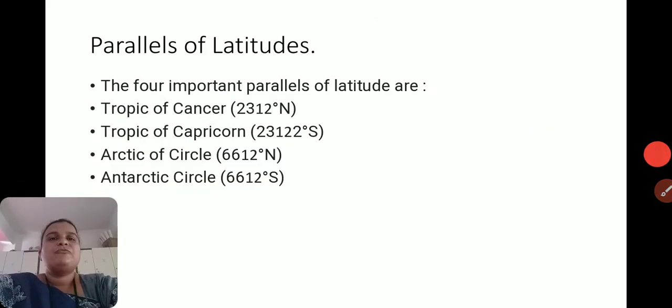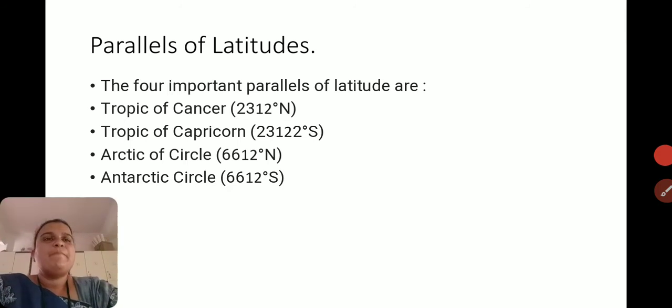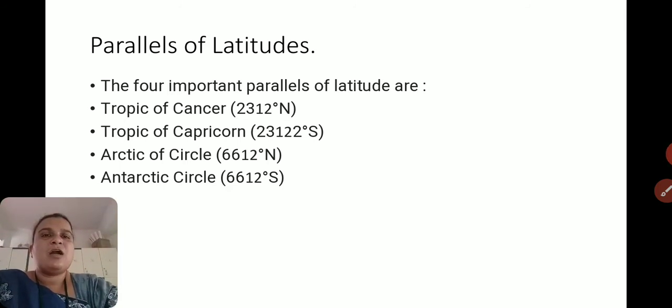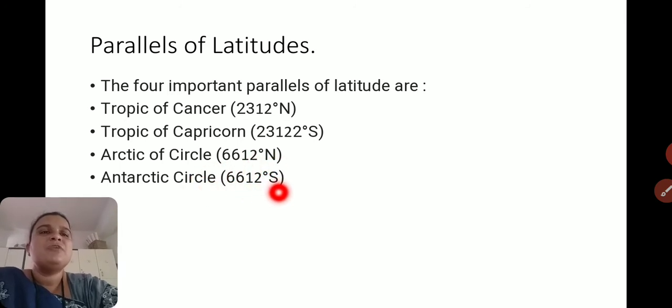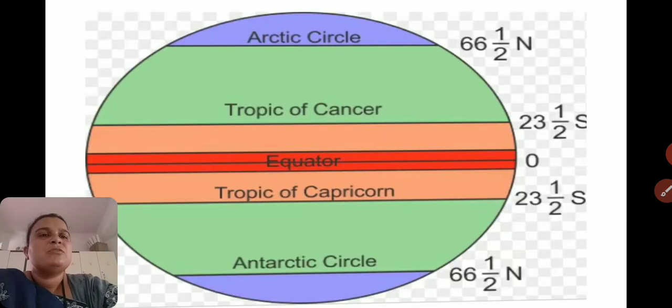Now parallels of latitudes. The four important parallels of latitudes are Tropic of Cancer 23.5 degree north, Tropic of Capricorn 23.5 degree south, Arctic Circle 66.5 degree north, and Antarctic Circle 66 and a half degree south.